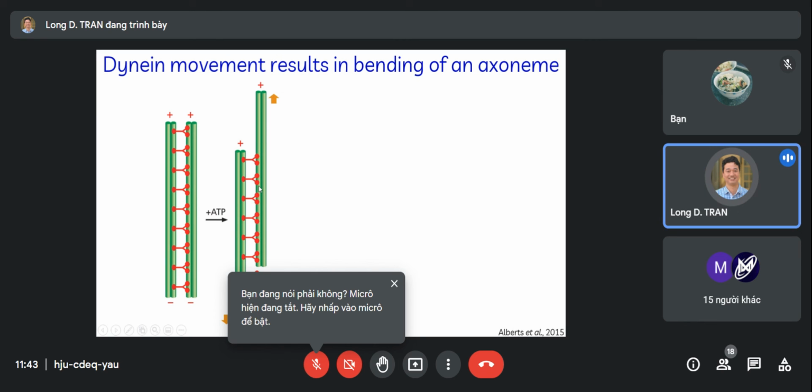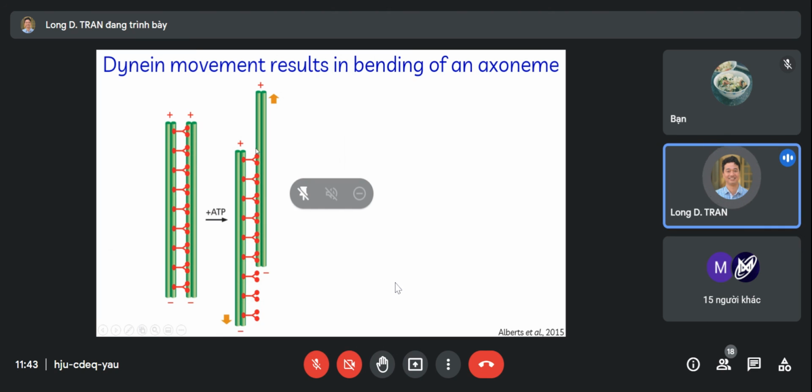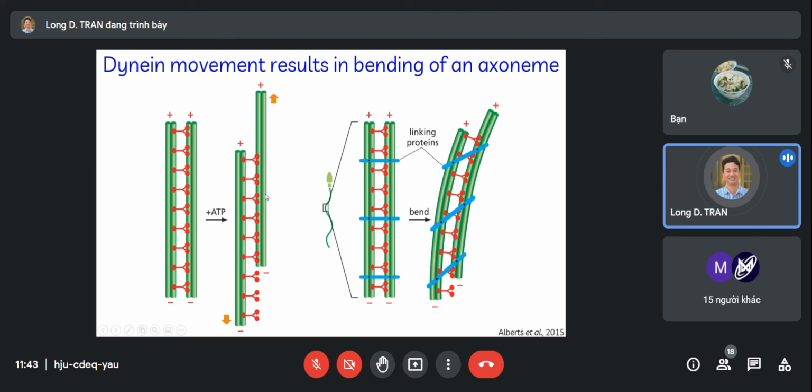However, inside the cilium or flagellum, these two doublets of microtubules are fixed together by nexin. Then they cannot slide. Therefore, when dyneins move on the microtubule, it will bend the microtubule doublet. It bends the microtubule, and therefore it bends the cilium and it bends the flagellum.